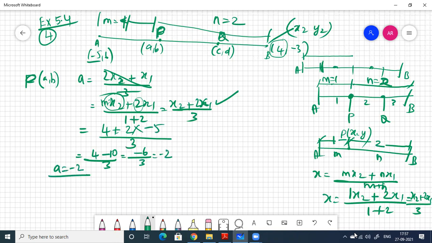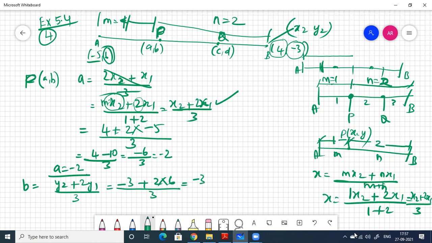Similarly, let us find B. B is equal to y2 plus 2y1 by 1 plus 2, that is 3. What is y2? y2 is minus 3. Minus 3 plus 2 into y1. What is y1? 6. 2 into 6 divided by 3.